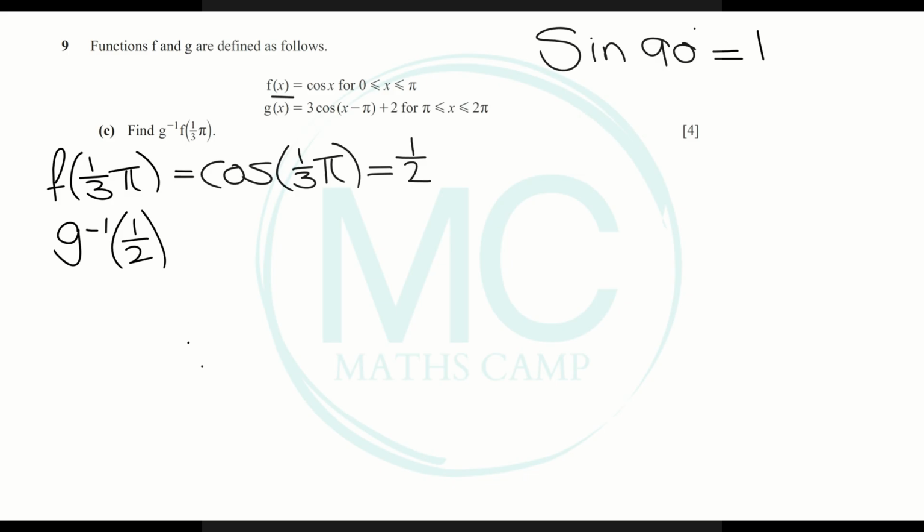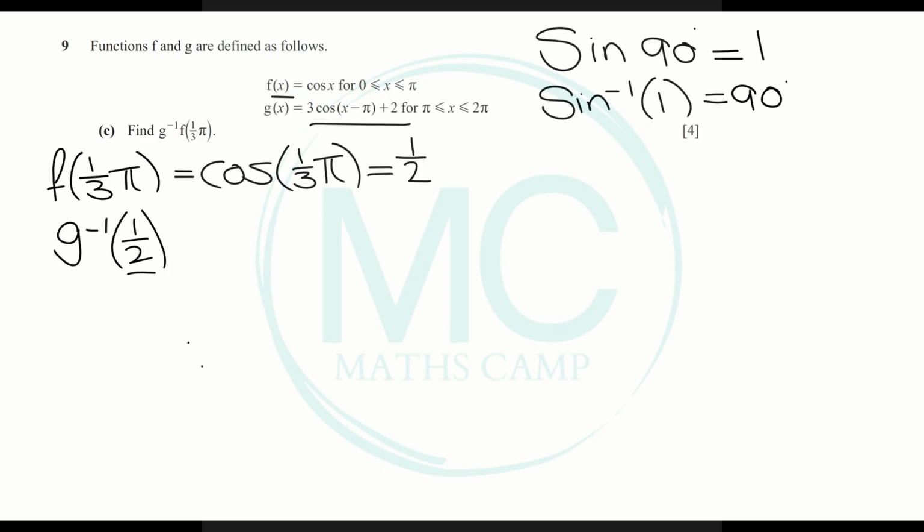But we can also write this as the inverse: sine to the -1 of 1 is equal to 90 degrees. This means that in this case, g of x is equal to 1 over 2, and we need to find the value of x.